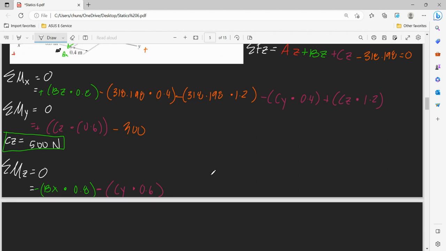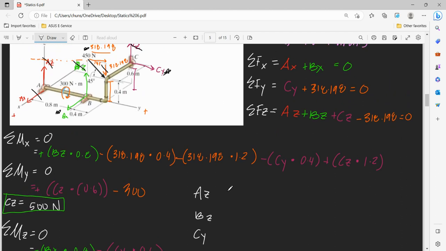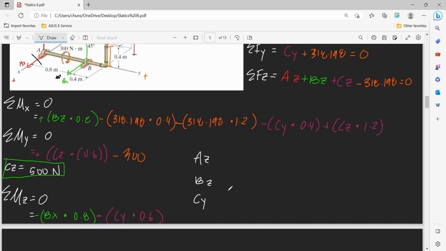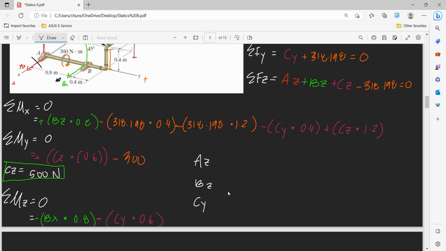Okay, so there's a lot of different equations, but I would like you guys to practice solving on your own. I'm just going to write out the answers so you can find how to get them. So this is AZ, BZ, we found CZ, so I'd like you to find CY, BX and AX.